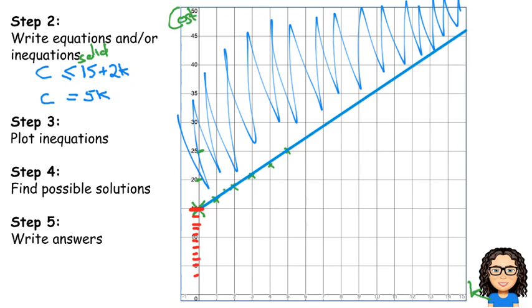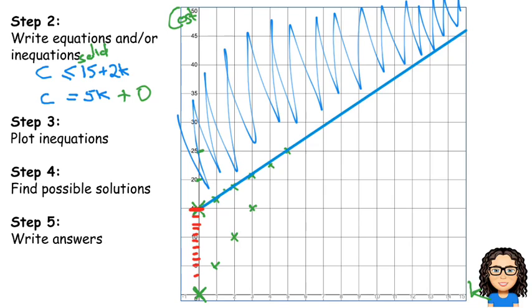Okay, now let's look at the second equation. C is equal to 5k. That's going to have an intercept, so I can always add plus 0 to anything. So that's going to have an intercept at 0. There's my intercept. A gradient of 5 means I go up by 5, across by 1. Up by 5, across by 1, and so on.